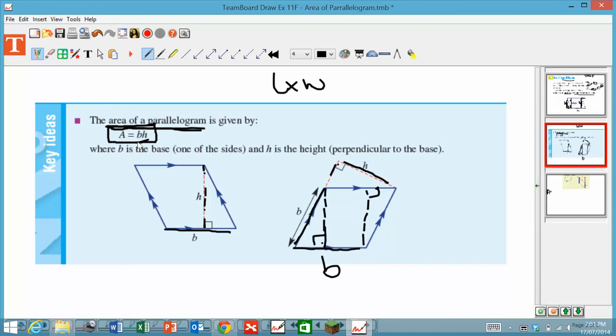For the next test coming up for this unit, your help sheet is going to be full of formulas: perimeter, areas of squares, rectangles, triangles, parallelograms, and so on.